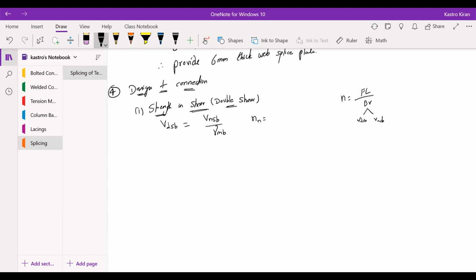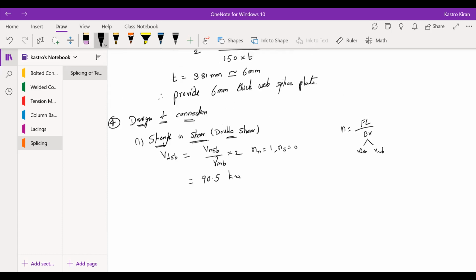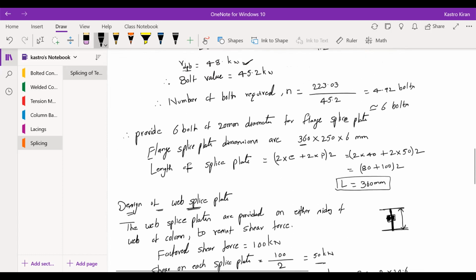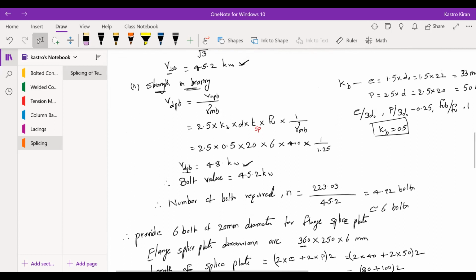Here also again, NN equals 1 and NS equals 0. If you substitute 2, because it's a double shear, and solve for this, you're going to get the answer as 90.5 kilonewtons. Same as the previous step.